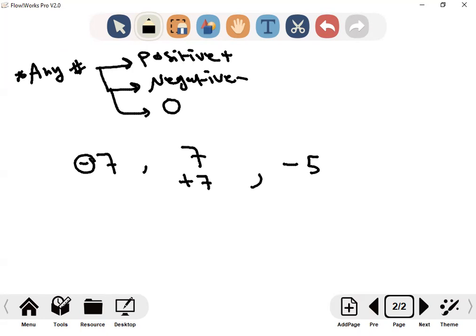Okay? So we have 5, we have -5. They are totally different. Got it? So the positive, it's okay if you didn't put the plus sign in front of it. The negative, you should write the negative sign in front of it. Got it? Is it clear? Good boys.